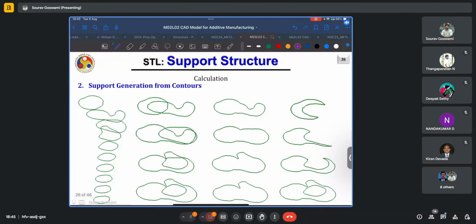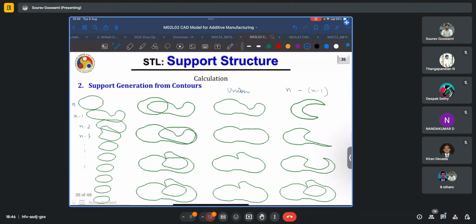The sequential calculations are also shown. So say for n minus 1, n minus 2, n minus 3, and so on. We project the nth slice on the n minus 1th slice, and this is the union. This is there. So subtraction. n minus 1th slice.